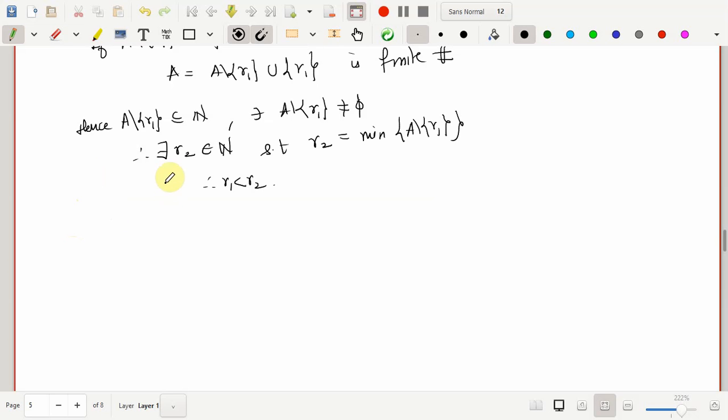So next, to get this R3, I'll remove R1 as well as R2 from the set A, and R3 is the minimum of A difference {R1, R2}, and we go on.